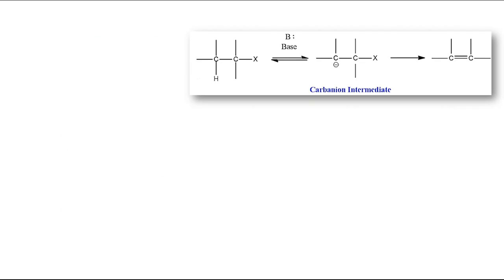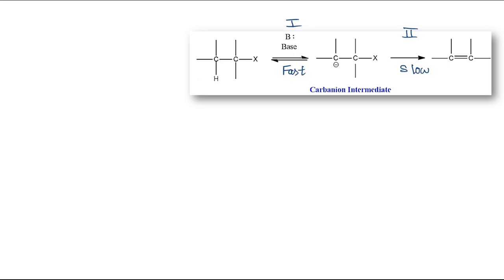Now here we have an example, which is the mechanism of E1CB. In this E1CB, though the mechanism can vary, in this particular case I have taken it such that this is the first step and this is the second step. The first step is fast and the second step is slow.